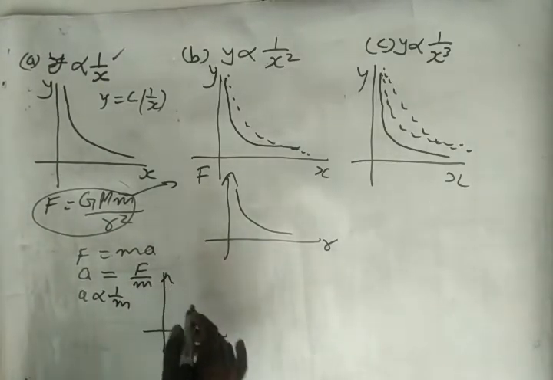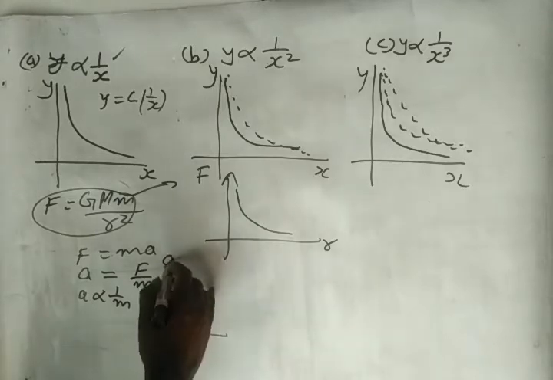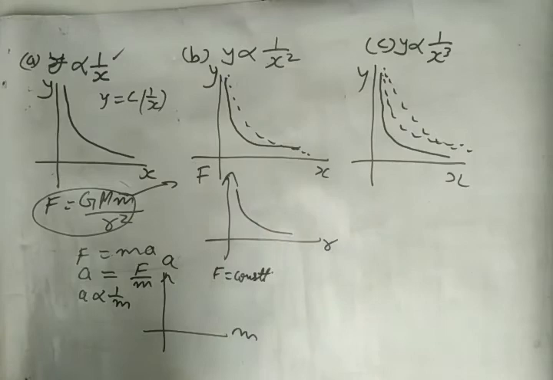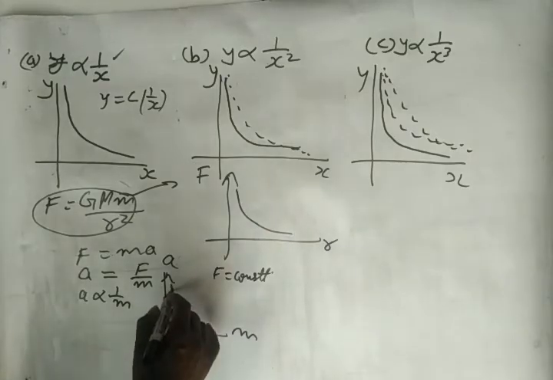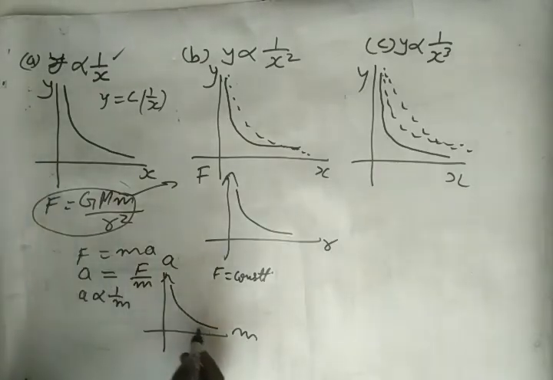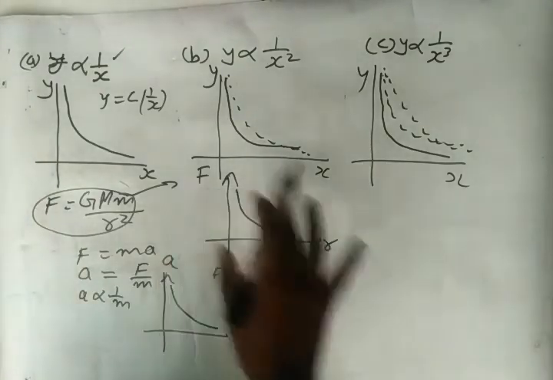So if I want to draw a graph between acceleration and mass for constant force, it will go like this. For a very less massive object, acceleration is too high. For a very massive object, acceleration is much lesser. I hope these things are clear to you.